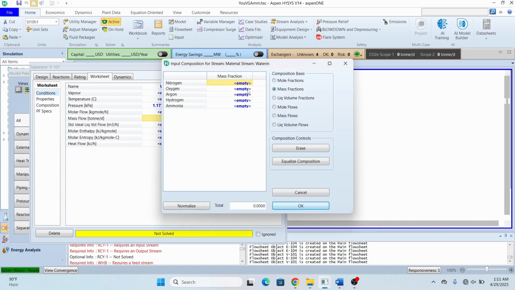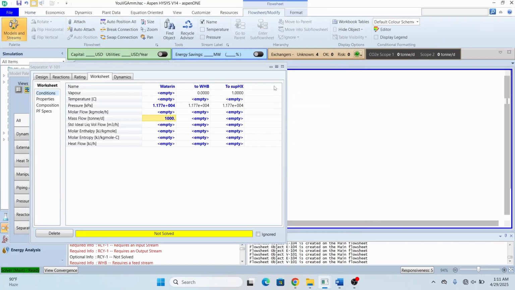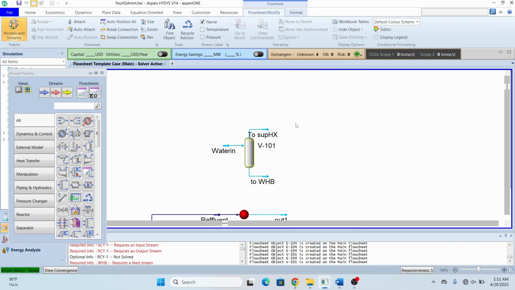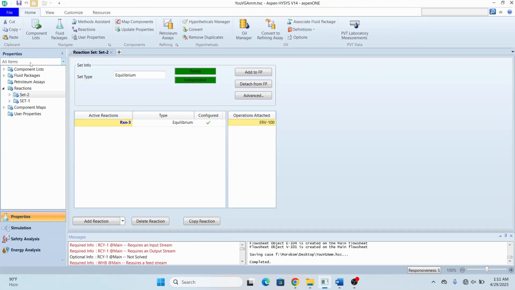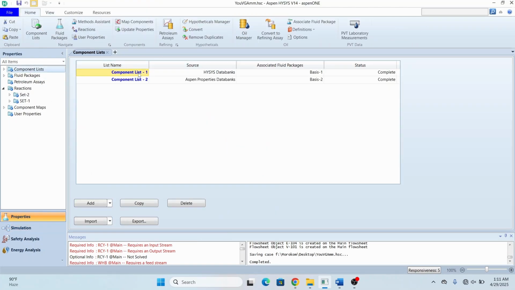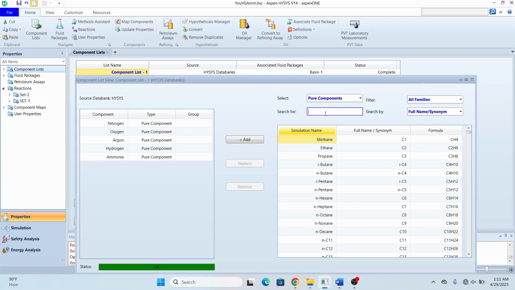Double click on it, and here you can see that we haven't added our water till now in our fluid package. So we will again go to properties, and in properties go to the component list, and in the component list I will add my water.